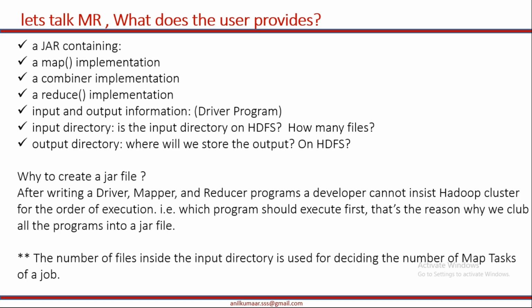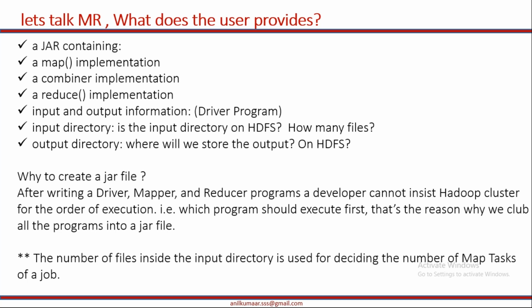The driver is where you provide the configuration information. You specify where you are giving the input, where you are expecting the output, and how you want to process: your input format class, output format class, mapper class name, reducer class name.